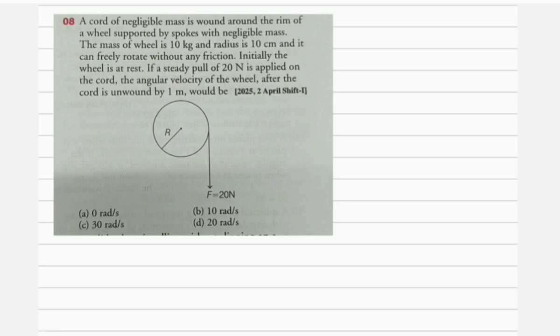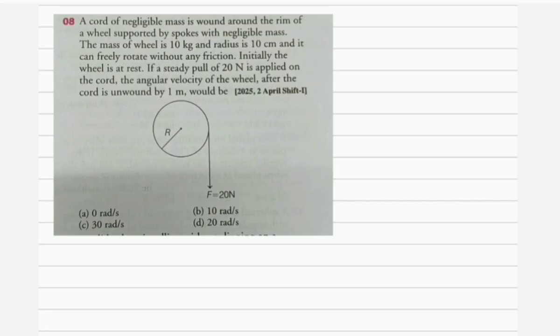A cord of negligible mass is wound around the rim of a wheel supported by spokes with negligible mass. The mass of the wheel is 10 kilogram and radius is 10 centimeter and it can freely rotate without any friction. Initially the wheel is at rest.